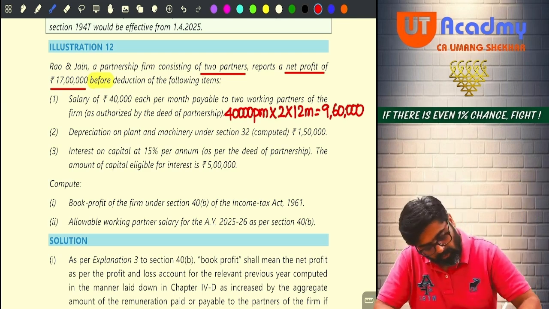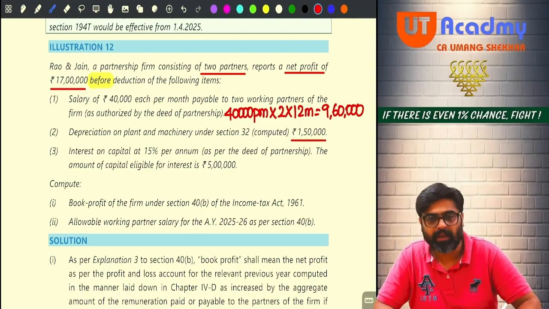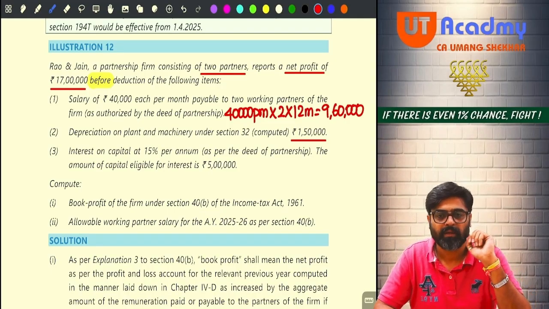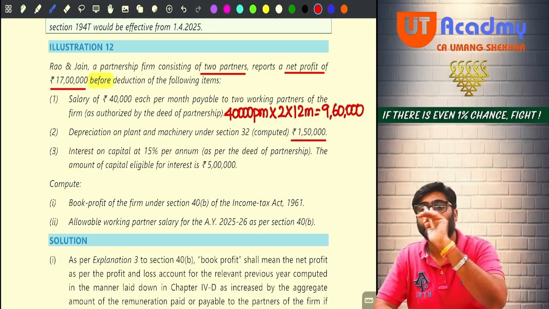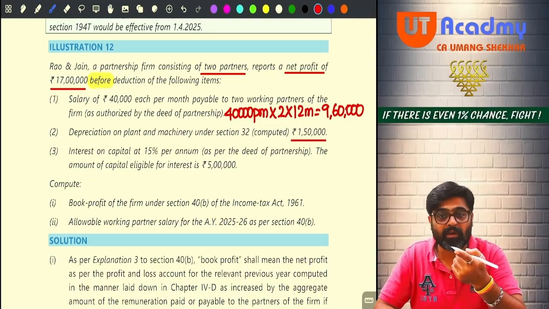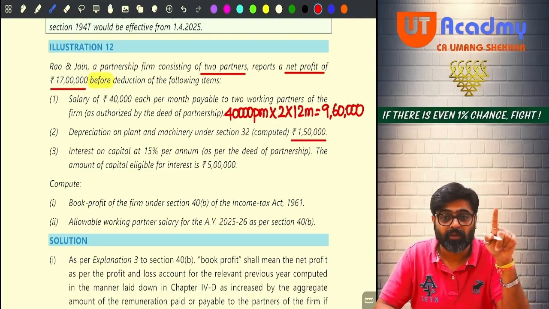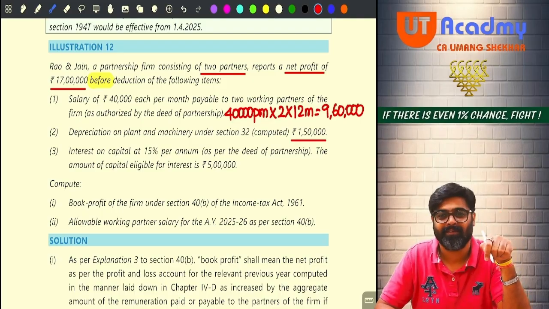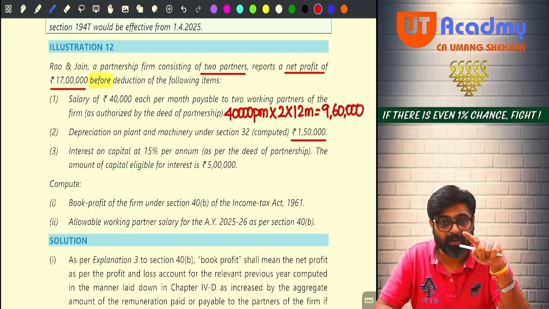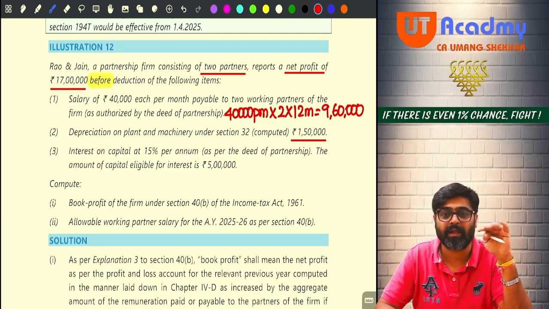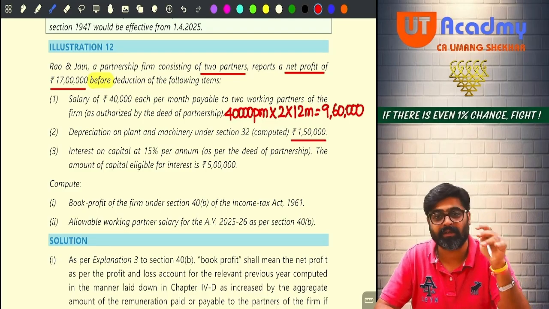Okay. And 1,50,000 depreciation. See how good these people are. They are not telling you to calculate the depreciation. They have themselves calculated and given it to you. If I would have been your examiner, I would have given you the details of assets, blocks, assets bought, assets sold. I would have given 2-3 blocks, at least computer, plant and machinery, furniture, everything.